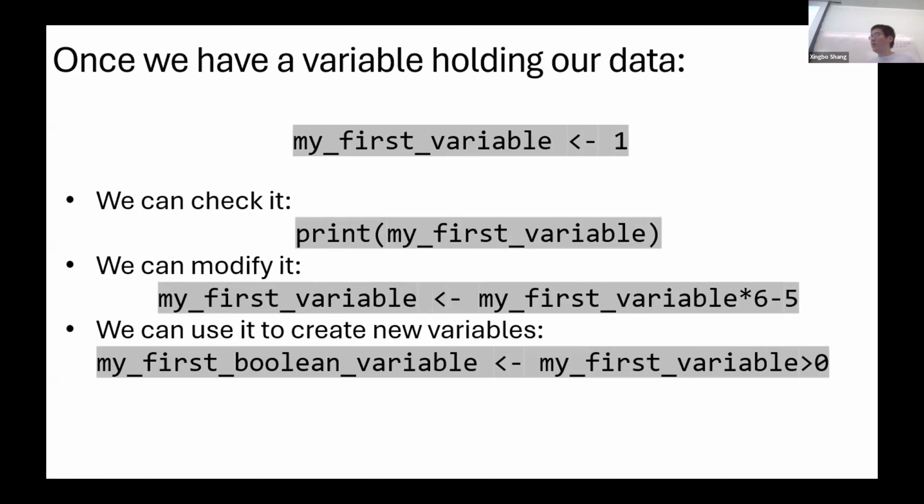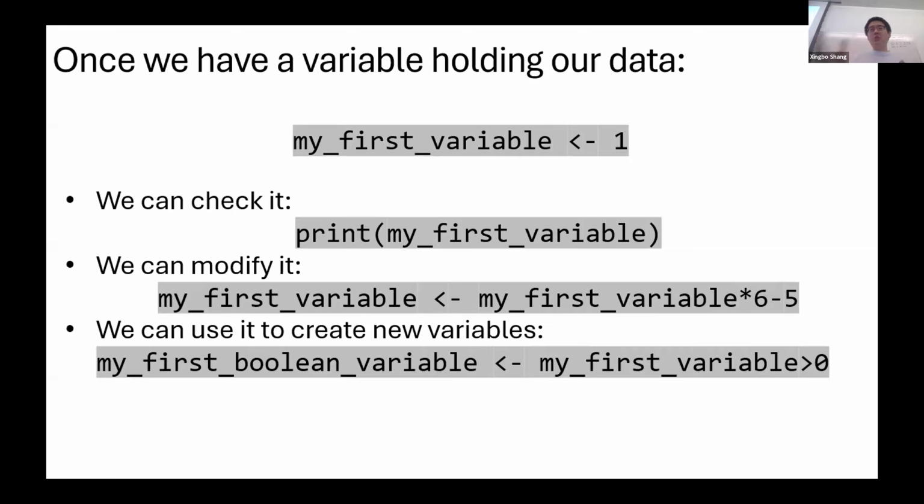Once you have a variable holding the data by defining it, you can first check it by using something called a function we will cover later. You can check what's in your container, just like opening the container in your freezer to see what's inside. We can also modify it. For example, you can take the frozen chicken out, bake it, and then put it back.